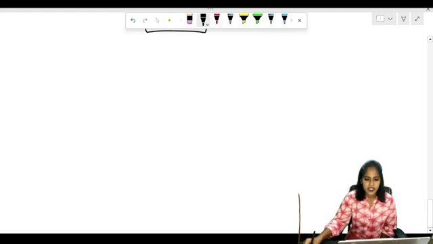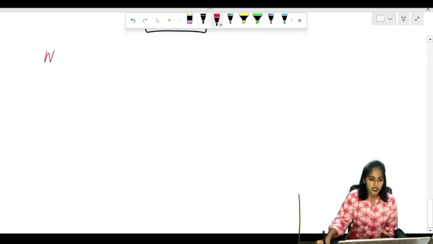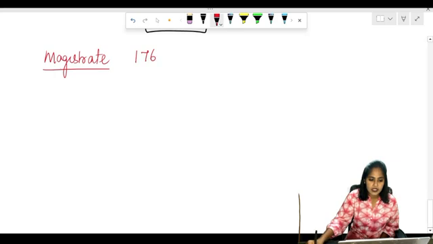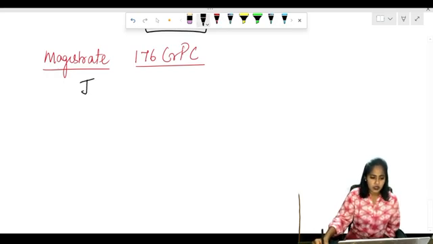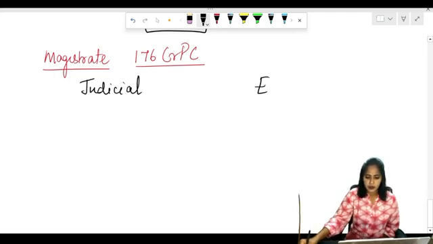Moving on to the next inquest, which is the magistrate inquest. Police inquest is also important, but magistrate inquest is very, very important, which is under Section 176 CrPC. In this there are 2 things you have to know: one is a judicial magistrate and the other an executive magistrate.